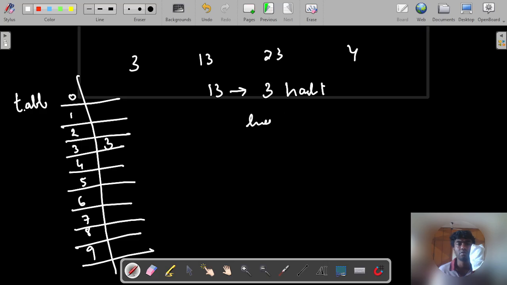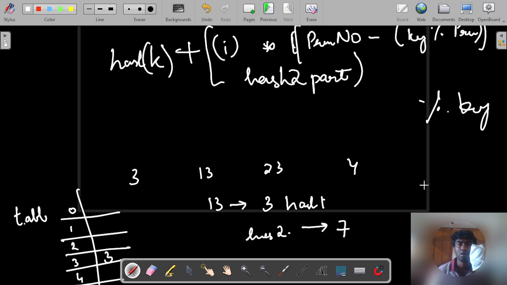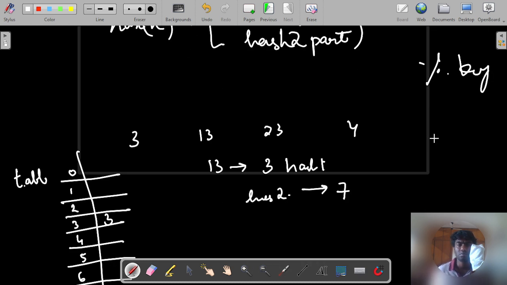In case of hash 2, it will be 7 minus 13 modulus of 7, which is 9 here, right? And this would give us 2. And this would be put here.